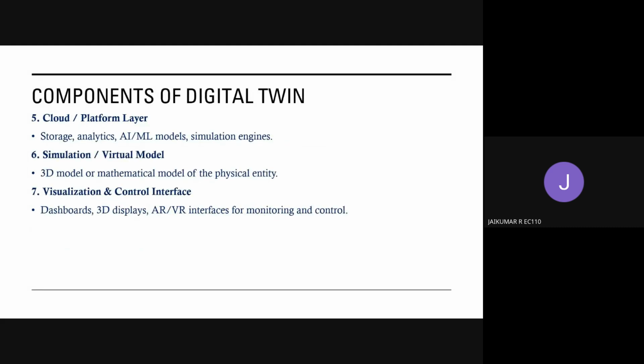Next, the cloud or the platform layer. We know that the cloud is a storage. It is a memory, a large memory. After extracting the data from the machine, this memory gets the data from the machine through some kind of connectivity methodology, after pre-processing by using the edge layer, and we can have the data in the cloud.